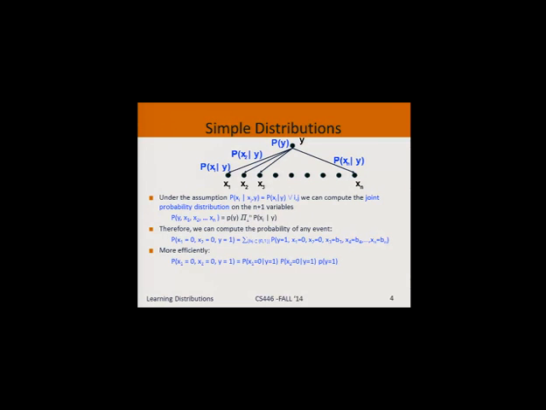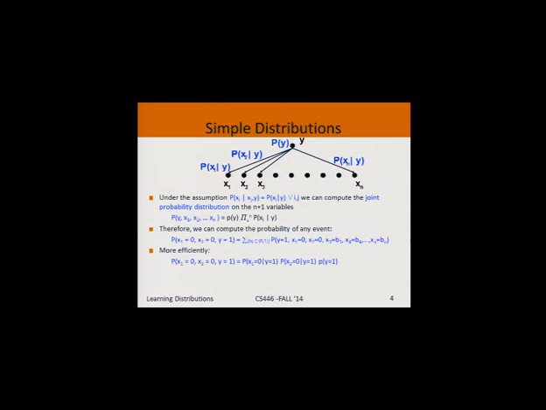So this is a generic statement, right? Every time you have n plus 1 variables and you want to compute this, you can do it this way, by summing over 2 to the n minus 2 assignments. In this specific case, because of our independence assumption, I don't need to do it this way.